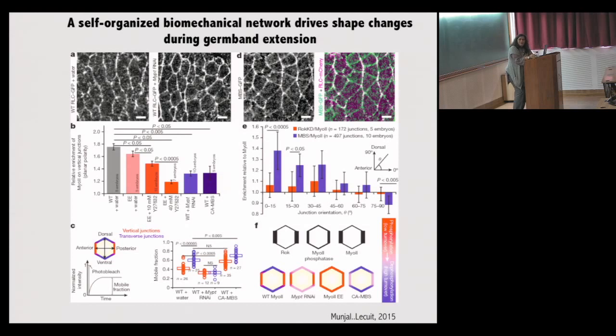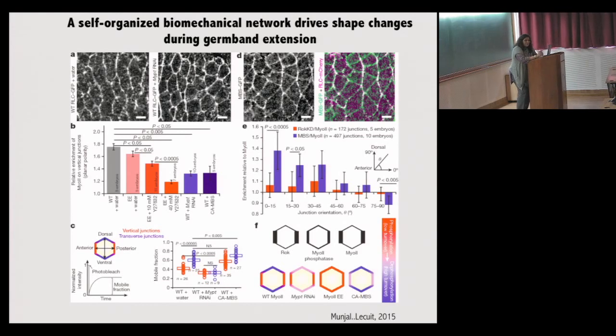So when I said that stretch may be a trigger, I was thinking of it as a predisposing condition that will then facilitate whatever chemical processes need to happen at those interfaces to allow those remodeling events.